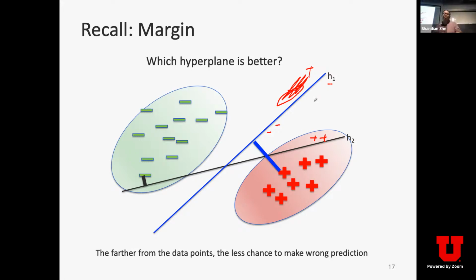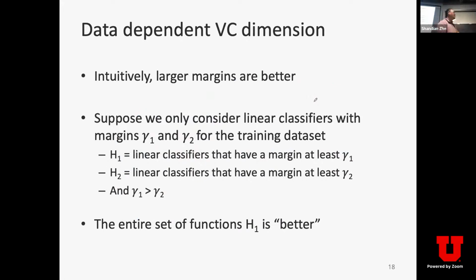So now, based upon this intuition, let us consider different subsets of linear classifiers according to their margin. Suppose we consider linear classifiers with margins gamma 1 and gamma 2 for the training set. We define two subsets of linear classifiers, H1 and H2.